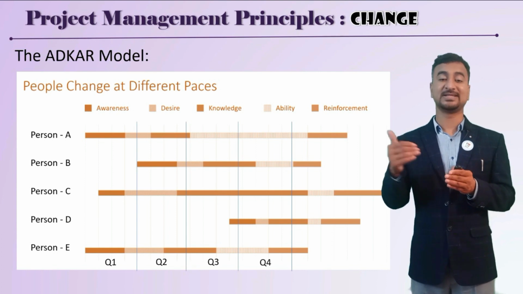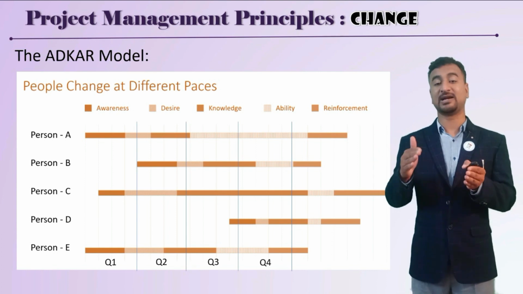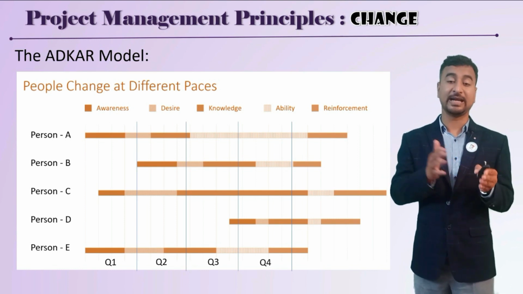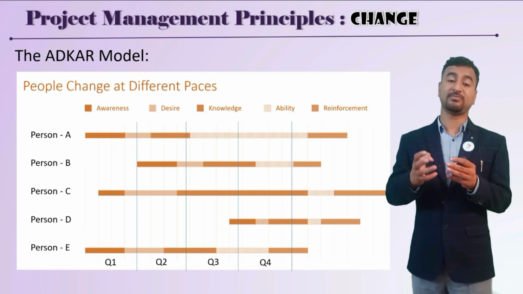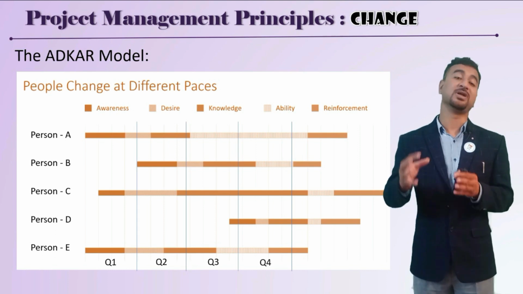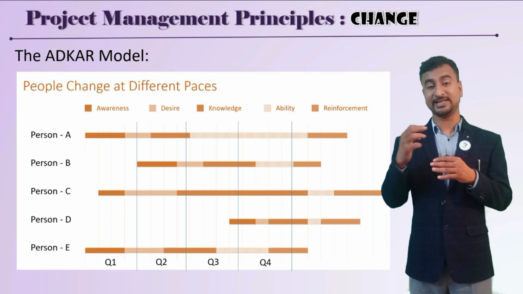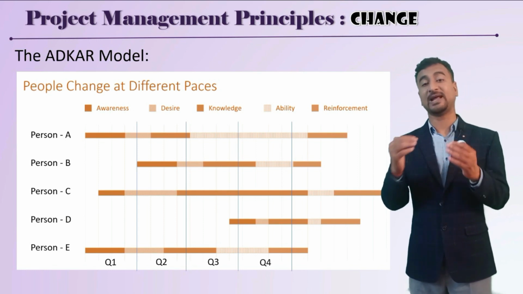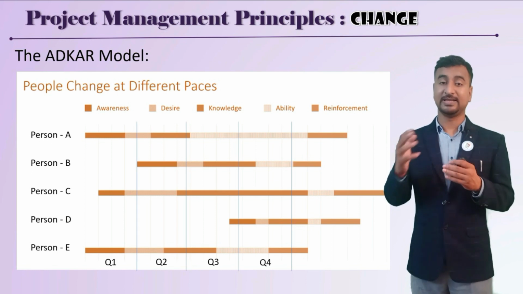Person C starts late, person D starts after Q3, and person E gets this change in a very early stage of his career or the project duration. So this pace of change varies from person to person, and, as I told you, the life cycle also varies the change model.